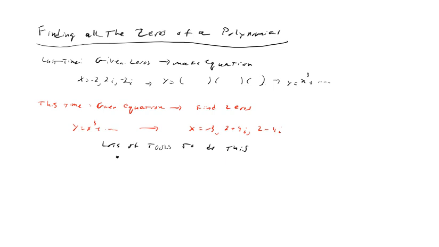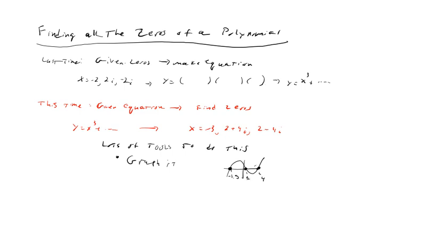First tool, easiest tool, is graph it. If we graph a polynomial, we can see where the zeros are. And if we get one at like 4 or 1 or -1.5, we know that the zeros are going to be in those locations.